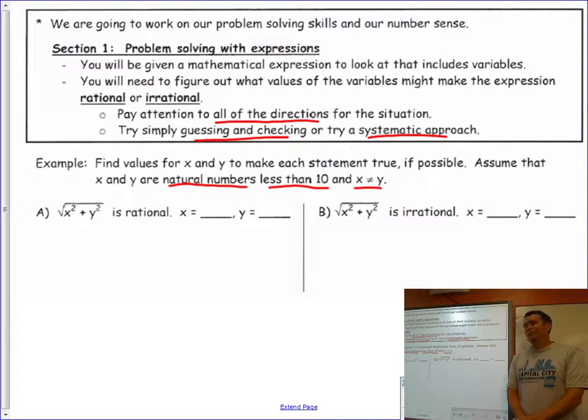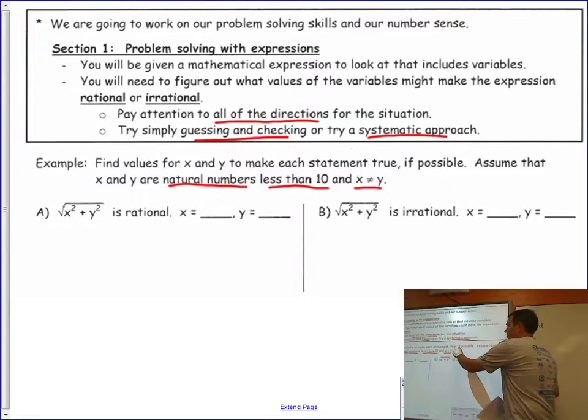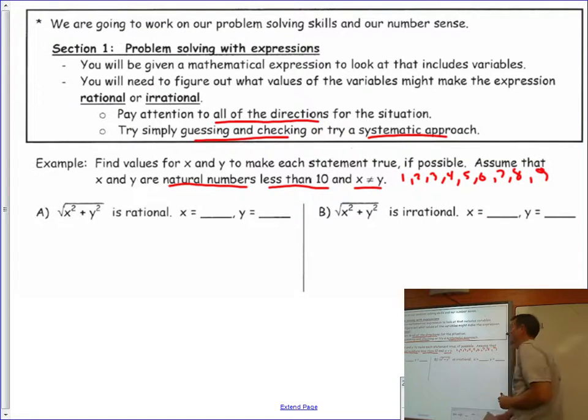I am looking for 2 numbers. They've got to be natural numbers, and they've got to be less than 10. So my choices here are 1, 2, 3, 4, 5, 6, 7, 8, 9. Those are natural numbers that are less than 10. And I cannot have x equal y.